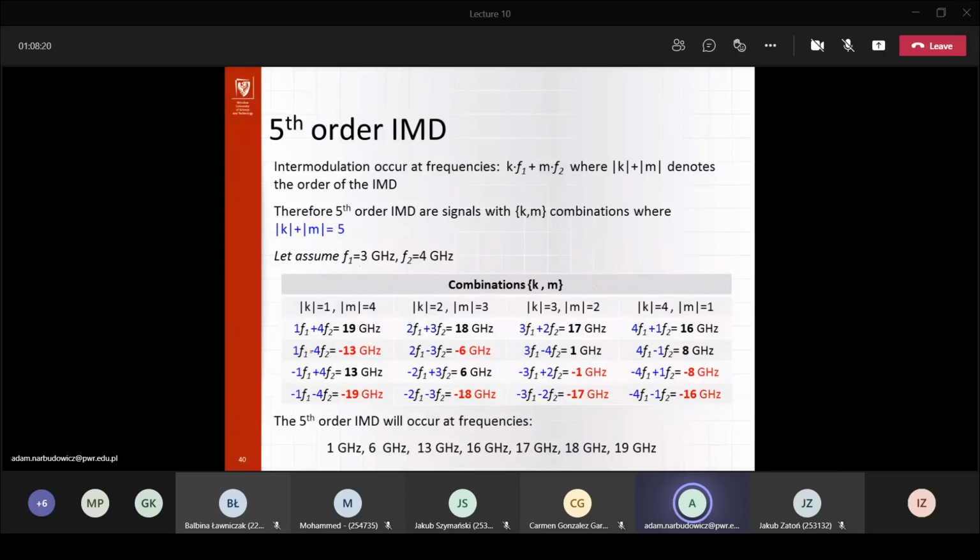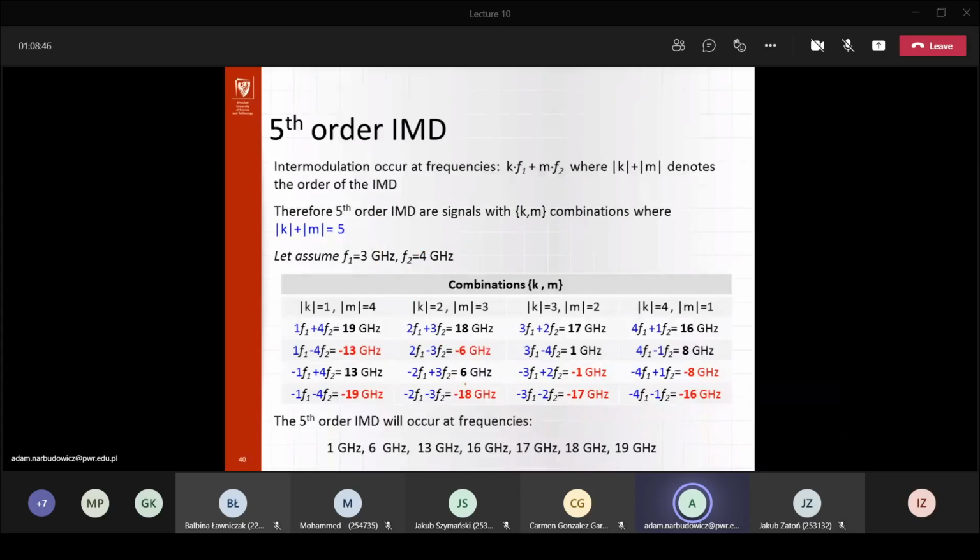It just comes from swapping the plus and minus signs. And then similarly for the 2 and 3, we get 18 and 6 gigahertz signals. The 6 gigahertz one would probably be the most problematic of the fifth order IMD, simply because it's close to our original signal.